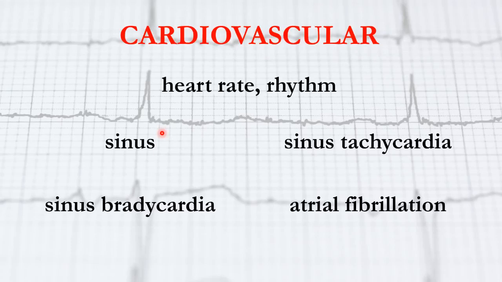Sorry guys, I didn't put everything I'm talking about into the PowerPoint. You need to take down some notes if you're watching here to learn. So 60 to 100 beats per minute is the normal heart rate. Anything less than 60 is called bradycardic, and anything higher than 100 is tachycardic.